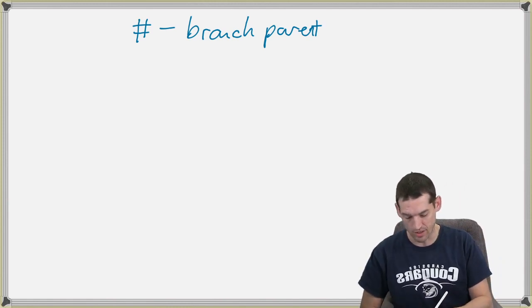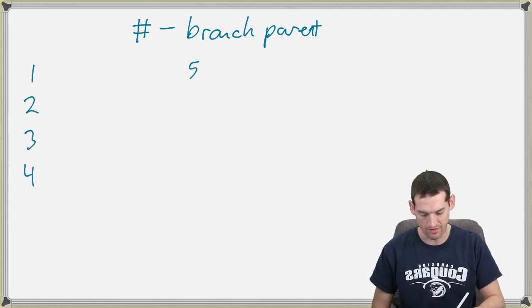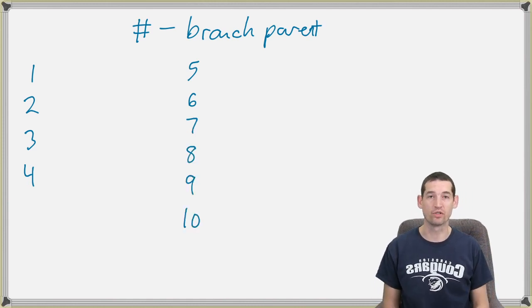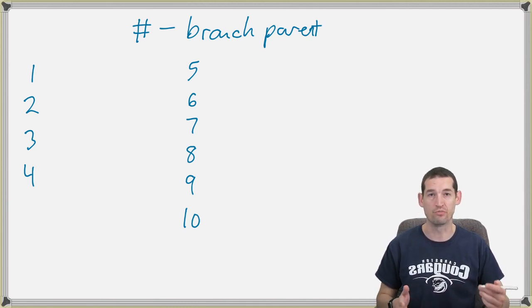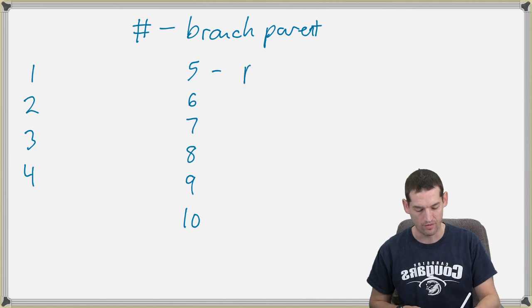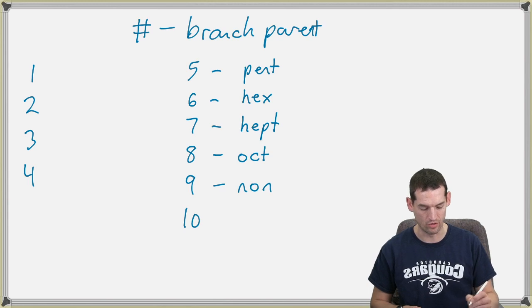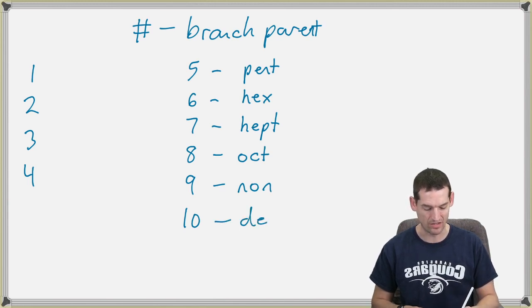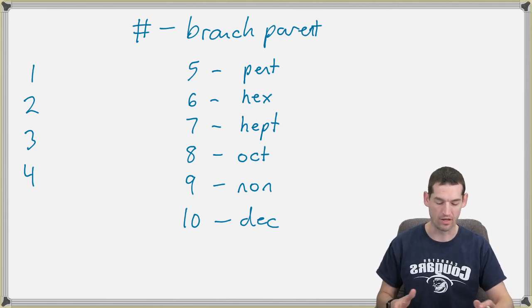So in your notes, you've got this pattern. There's 1, 2, 3, 4, and then 5, 6, 7, 8, 9, 10. 10's as far as we're going to go in Chem 30, so that's as much as you need to know. 5 through 10 are pretty easy because they're numerical prefixes. So 5 is pent, 6 is hex, 7 is hept, 8 is oct, 9 is non, and 10 is dec. So these, at least most of these, are probably ones you're familiar with up to this point.